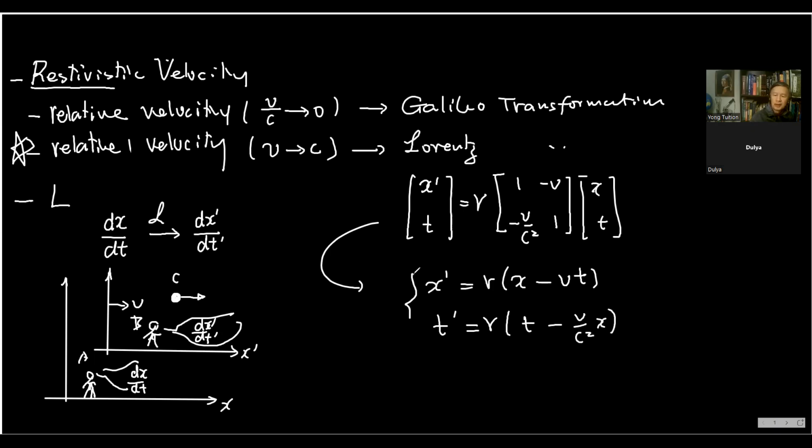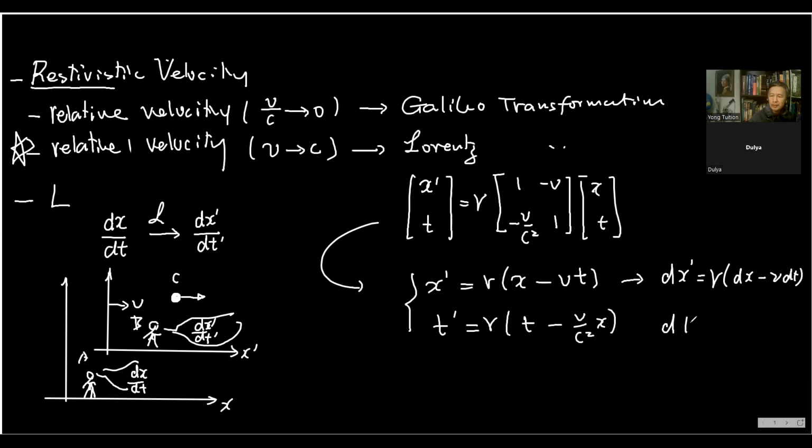So what we can do is take the first derivative. But this time you have to find dx and dt first. So dx prime is equal to gamma (dx minus v dt), right?